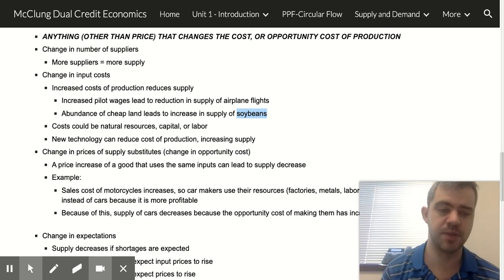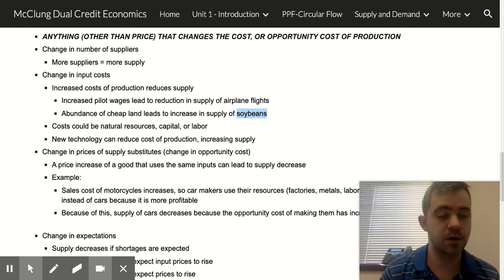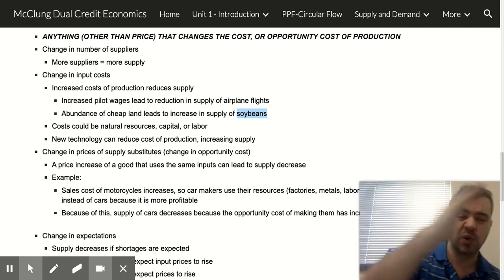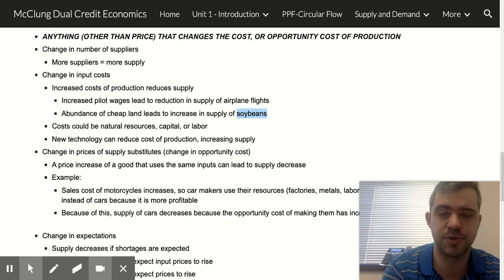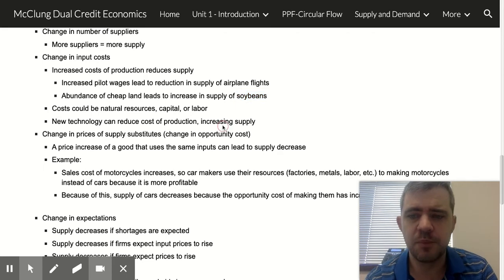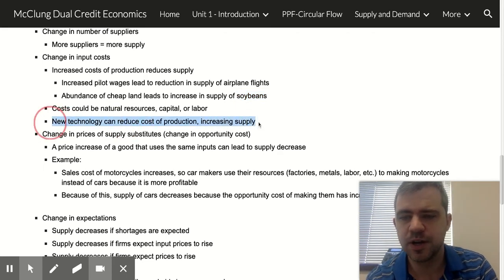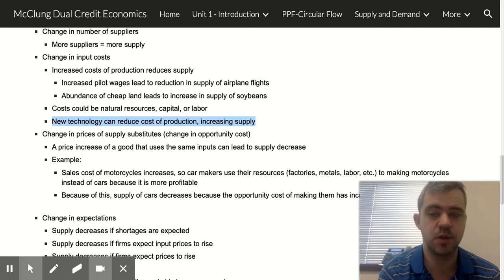It's going to decrease supply. Anything that decreases your input costs is going to increase your supply because it makes it easier to produce, makes it cheaper to produce. Very, very often, you're going to see new technology come along that reduces the cost of production and increases your supply.